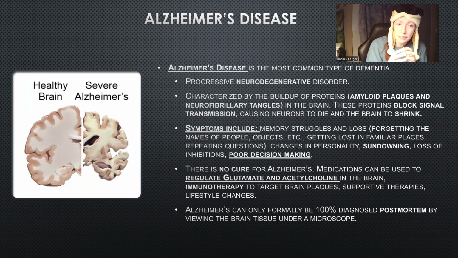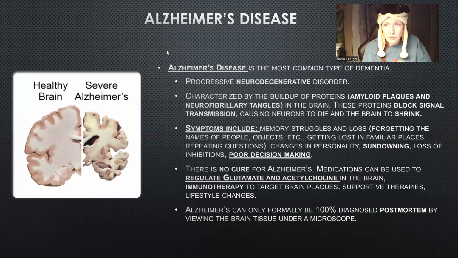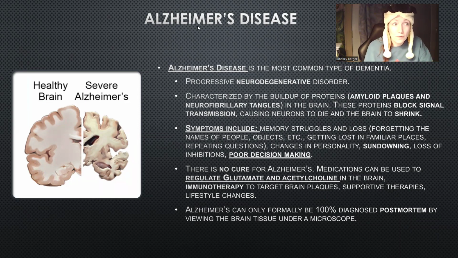Now, when I say some form, and I don't tell you what kind, you're probably going, well, and? Well, we don't know for sure if it was Alzheimer's or not, because you cannot diagnose Alzheimer's with 100% accuracy, or really even firmly affix that title as a diagnosis until the person is deceased.